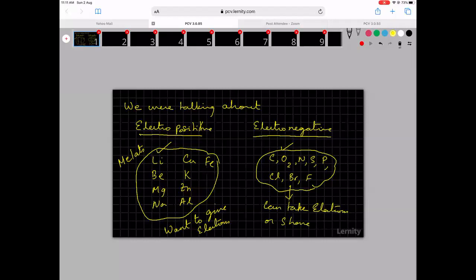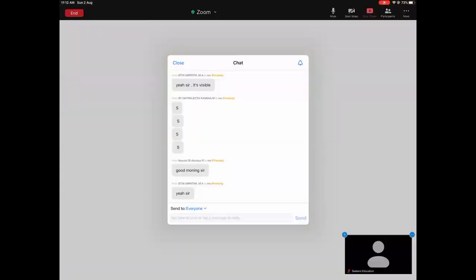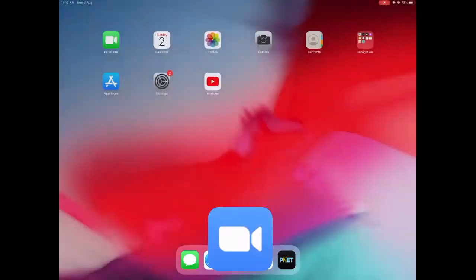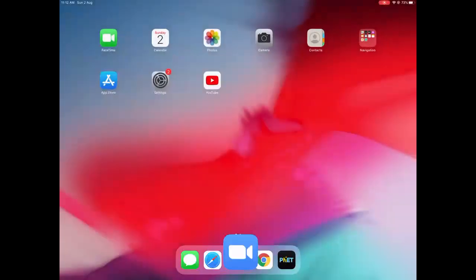Now in such a situation, these elements will only react with these elements, but these elements may react within themselves. These elements will always have to react with this, because they only give. Only these guys can take. Okay, do we understand this? Why do some give and take? We said some give and take to make sure that they have an octet or noble gas configuration.